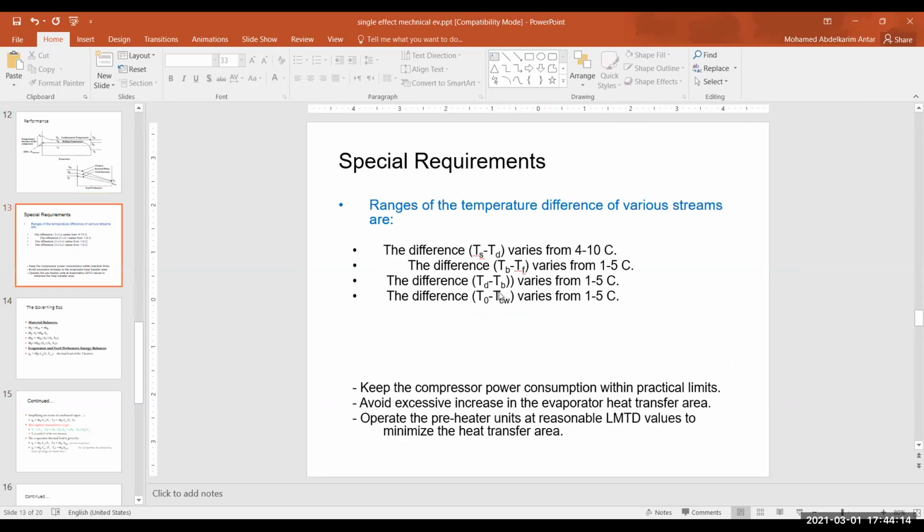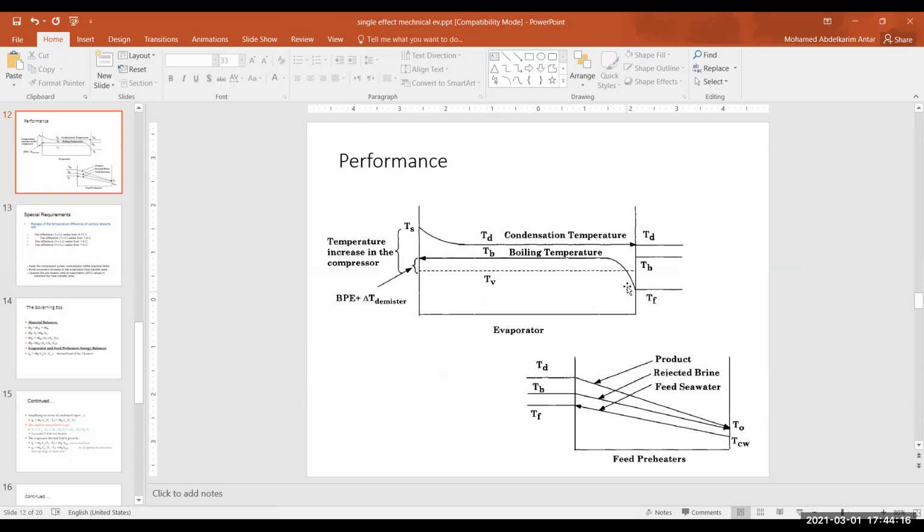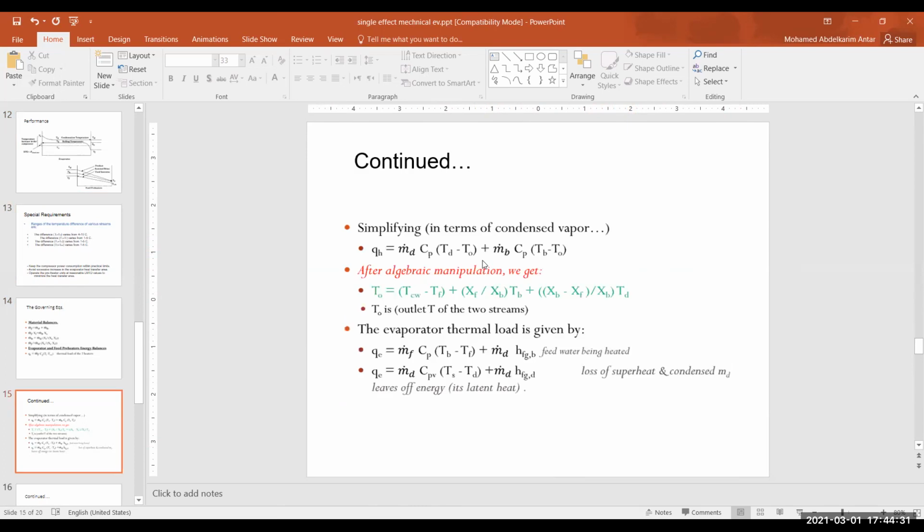And on the other side here, we have feed, which is being heated sensibly. So M dot feed, Cp, Tb minus Tf, plus the M dot vapor multiplied by HFG at Tb. And these are the two equations that are taking care of the energy balance inside the evaporator.